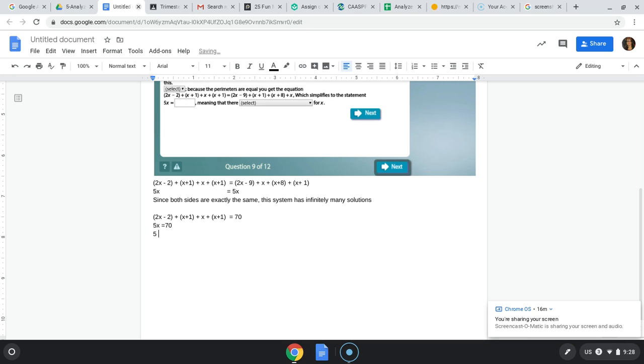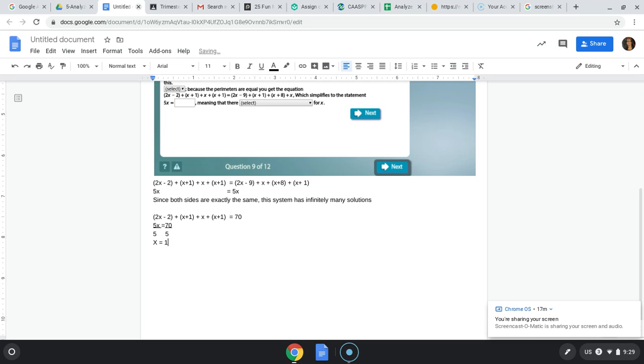Remember, to show the division, we put a fraction bar. We underline it there, and then we underline the 70 to show that it's being divided by 5. 5 divided by 5 is 1, and 1 times x is just x, equals 70 divided by 5.